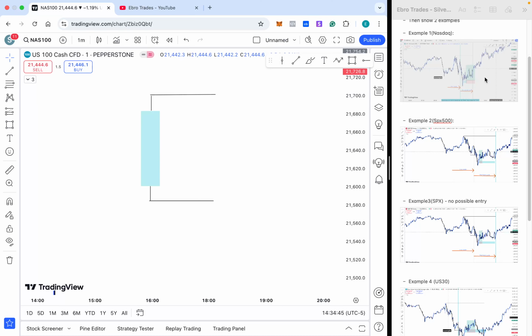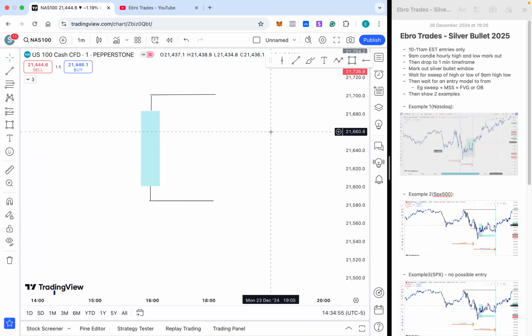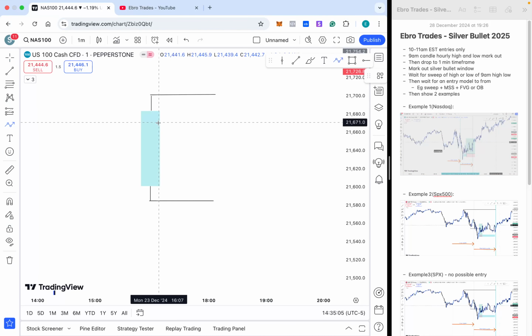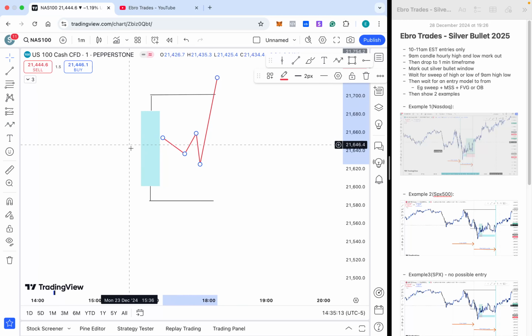But for indices, you're going to wait for the 9 a.m. candle to finish. You're going to mark the 9 a.m. candle high, 9 a.m. candle low on the hourly time frame. Then you're going to drop to the 1 minute. Once we've dropped to the 1 minute, we are going to mark out that window, which is from 10 to 11, and we are going to wait for price on the 1 minute time frame to sweep either the high or the low of that hourly 9 a.m. candle.